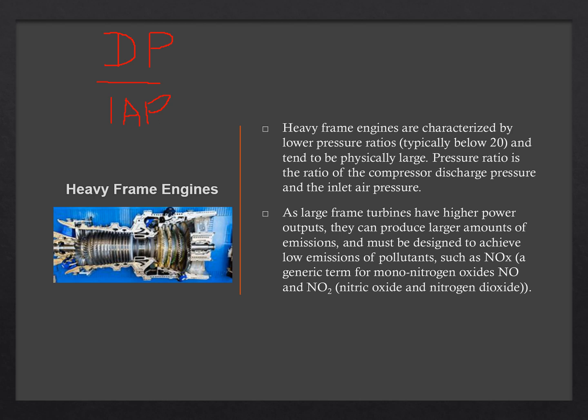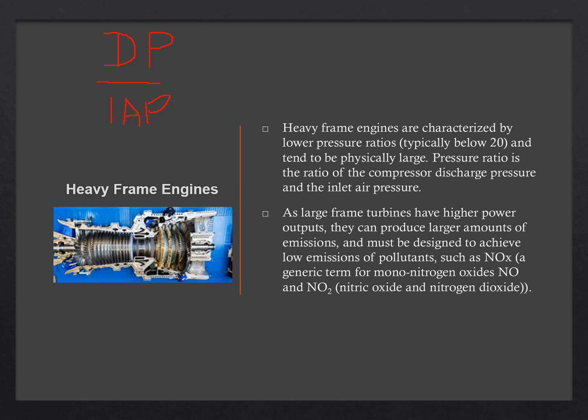These engines have very, very high power output, so they will definitely produce large amounts of emission. That's one thing not very good, so they must be designed to satisfy low emission, carbon zero emission, things like that.